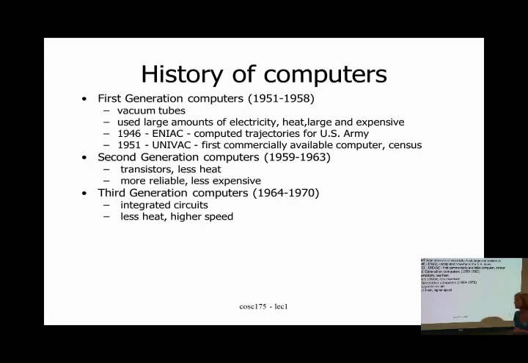With the invention of the transistor, this brought down the size, the heat, and made computers less expensive. So in the 50s and 60s, we saw a change for the better with computers, and as they became smaller and more affordable, the use of them became more widespread. Does that make sense? Okay.